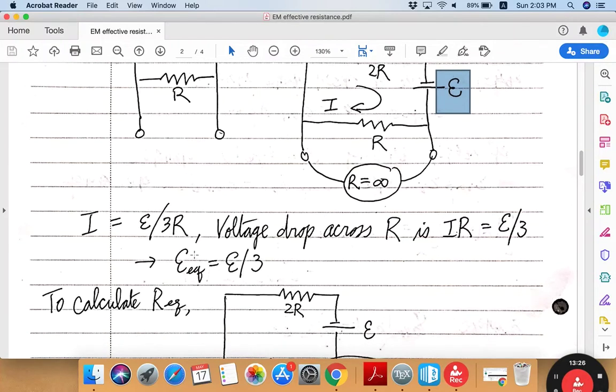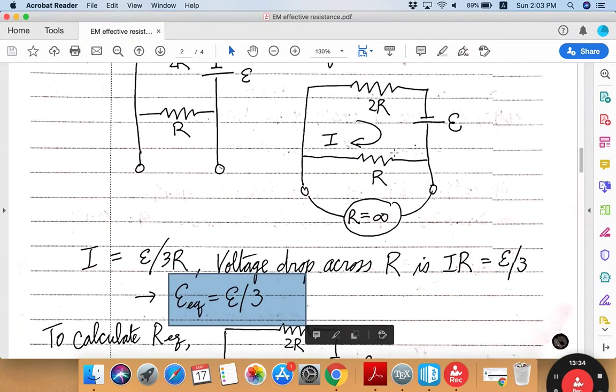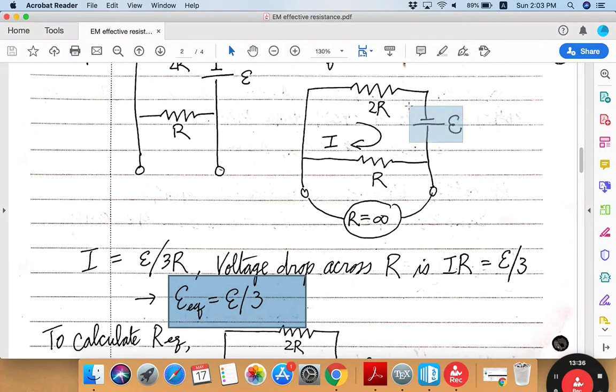Okay, so the answer we have been looking for, the equivalent voltage, is 1/3 of the voltage of the battery.